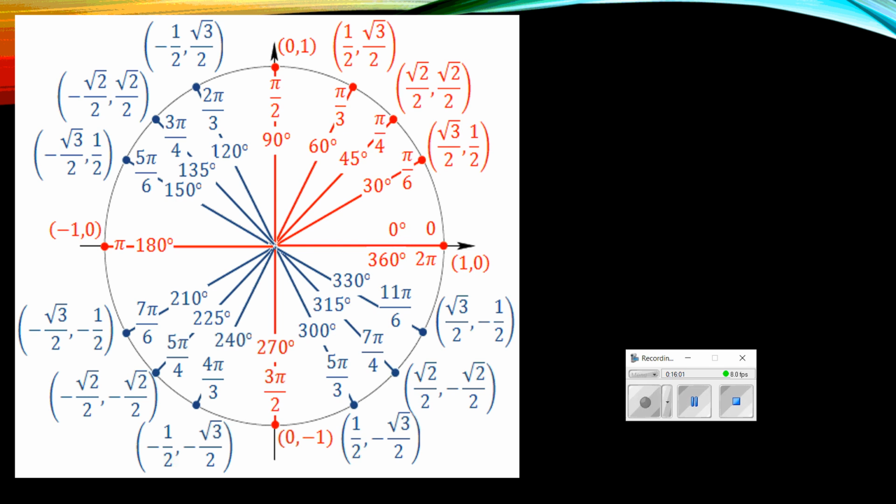Okay, so restart. Going clockwise, we're going backwards. So this would be negative 4 pi over 4. This would be 8 pi over 4. This would be how much? 12 pi over 4. And then we want to get to 15.